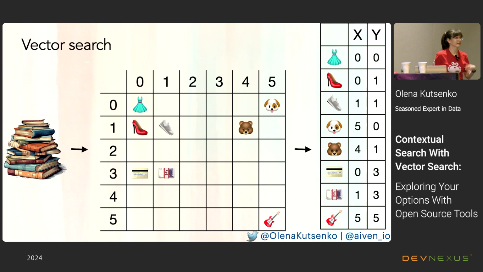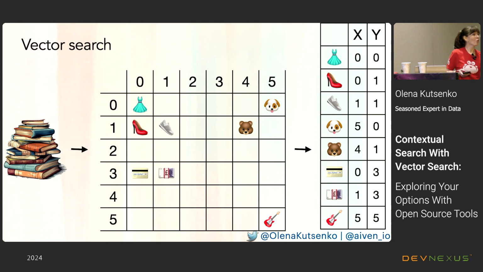And then we can calculate the positions of those objects and have our vectors. We also sometimes call those encodings or embeddings. For our conversation today, this is all the same stuff.